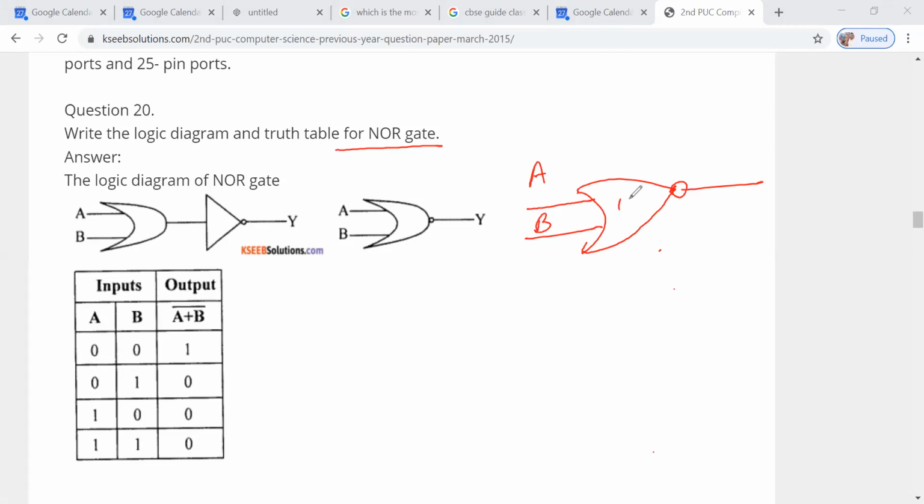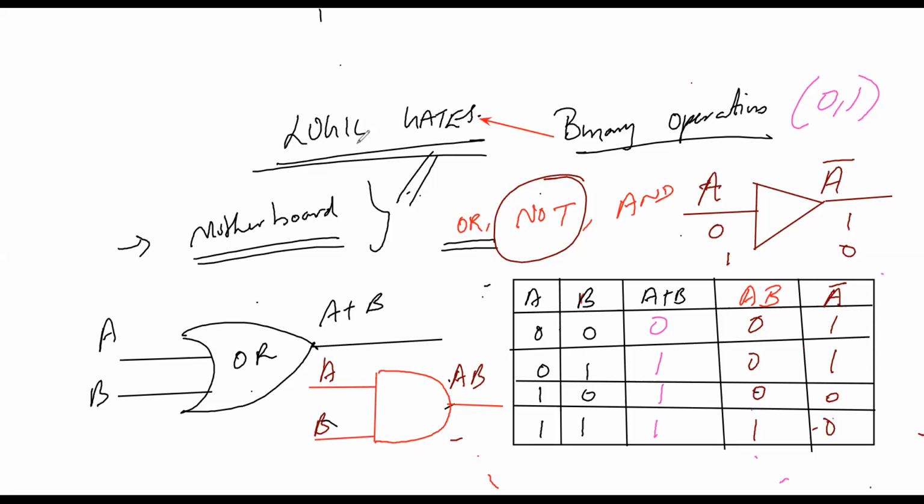Normally the OR gate is A plus B, but the NOR gate is the complement of A plus B. So what you do is, in the existing table which I have drawn for you, if I erase all of these things and write here A plus B the whole complement, that gate will become NOR.